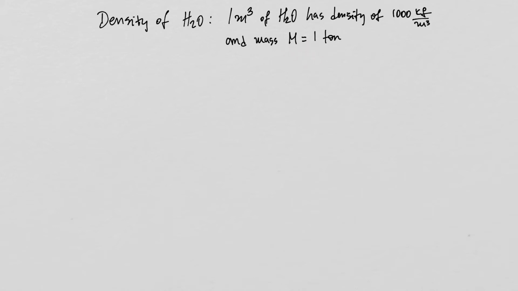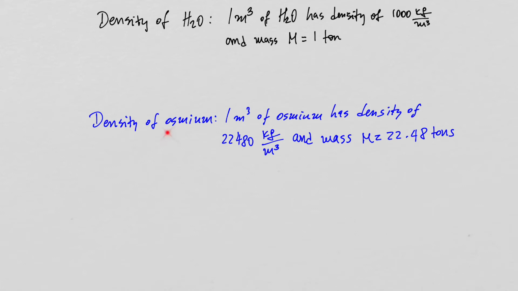Compare this to the density of osmium. A cubic meter of osmium has density of 22,480 kilograms per cubic meter and a mass of 22.48 tons in the same volume. So a cubic meter of water has a mass of 1 ton. A cubic meter of osmium has a mass of 22.48 tons. Osmium is one of the heaviest elements in existence that we know of.